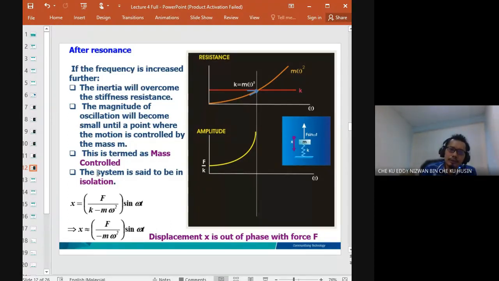At this point, even if you give a higher force, the amplitude will be very small. That's why for a single degree of freedom system, if you use a very high speed, the vibration will be small.